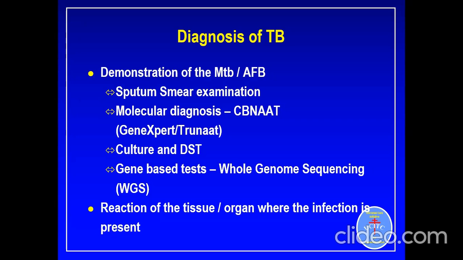So that's the other way of looking at the diagnosis of tuberculosis, especially in cases of extrapulmonary tuberculosis. Of course, there are a whole other tests like the urinary LAM and the other tests which I have not mentioned over here.